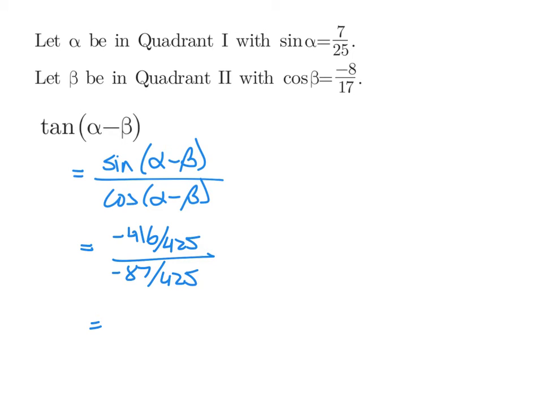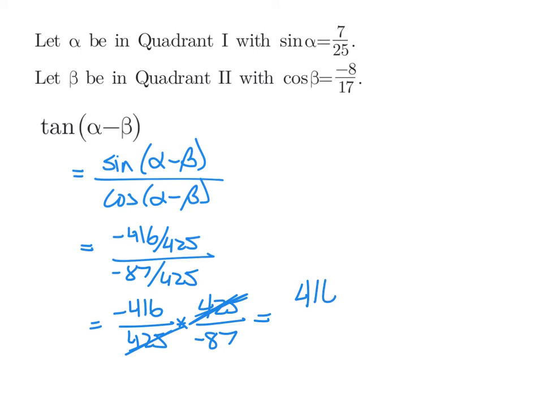So we multiply by reciprocals, 416 over 425 times 425 over negative 87. Of course, the 425s are going to cancel, so are the two negatives, and we'll be left with 416 over 87.